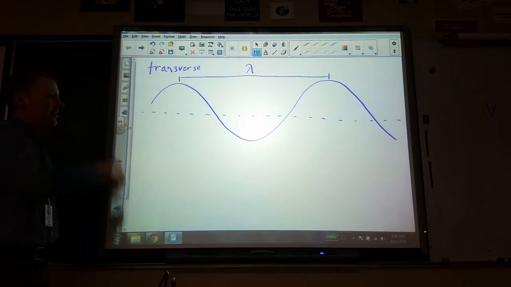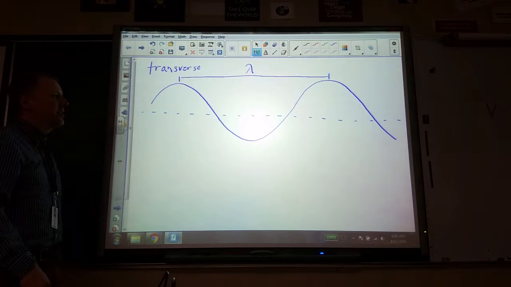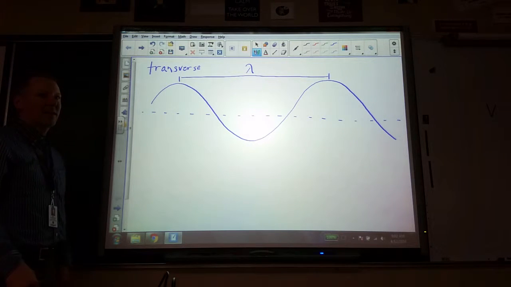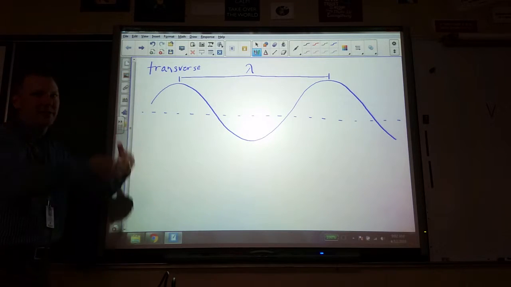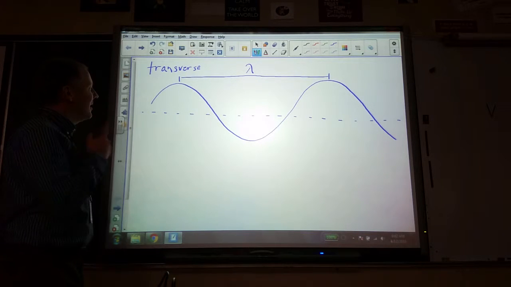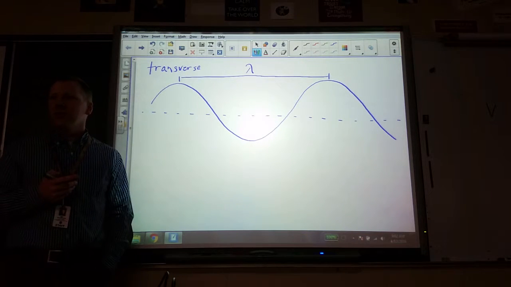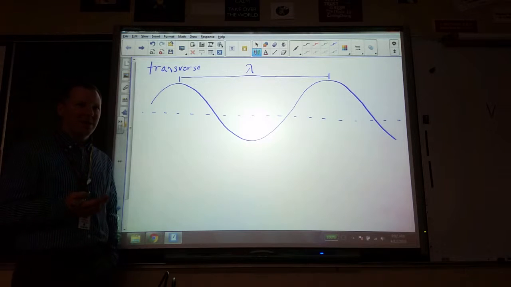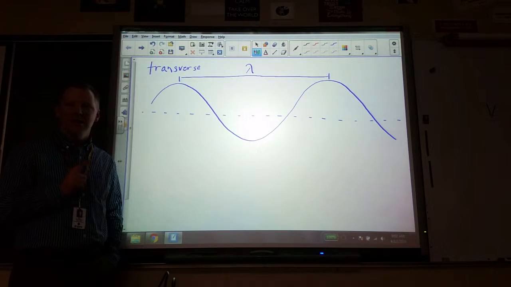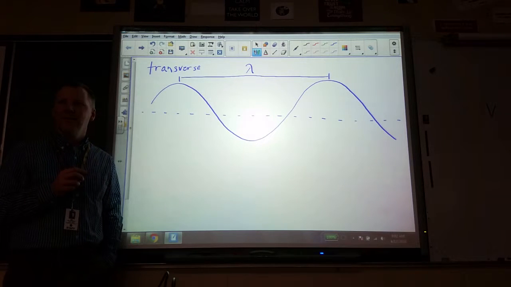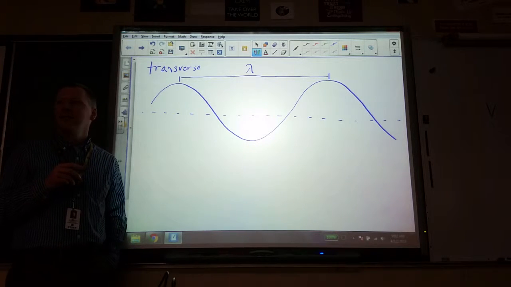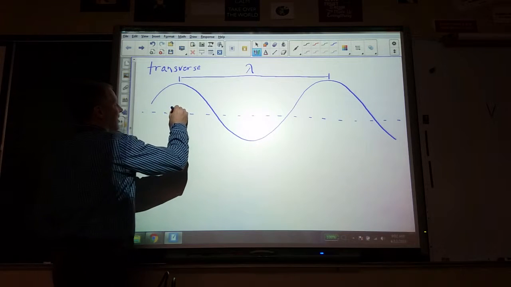We're not going to be dealing with anything that's changing this wavelength as we go, really, unless it changes all of them. All right, the other thing was amplitude, which is a measure of how strong or how much energy is in a wave, indicated where? Peak to trough? Not peak to trough. Peak to middle or trough to middle. Right.